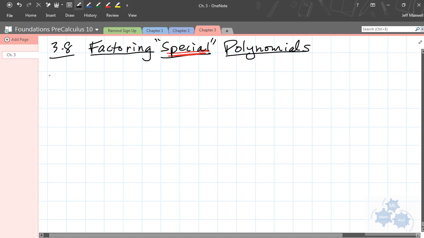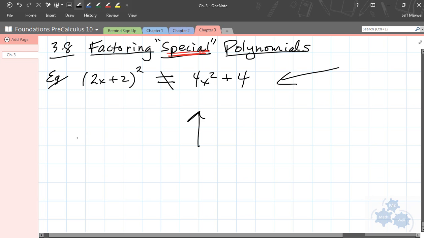So, here's an example. If we have 2x plus 2 squared, you've seen this before, and of course, what you know not to do, this does not equal 4x squared plus 4, all right? I want you to take a really good look at this, okay?